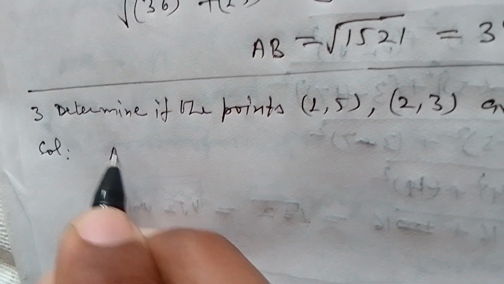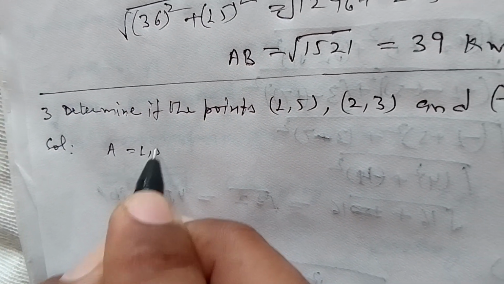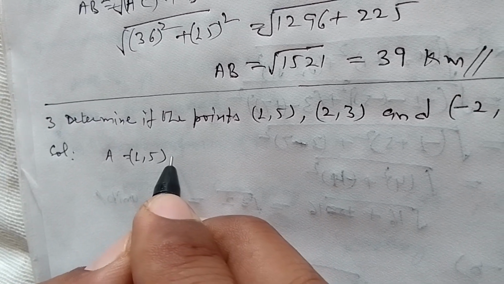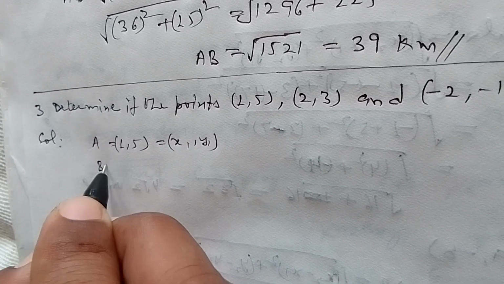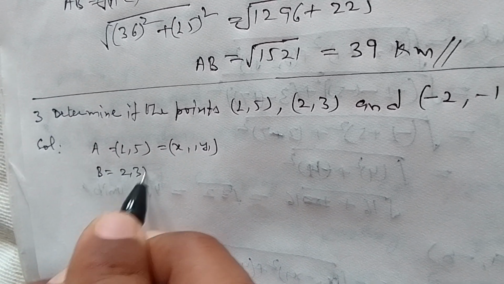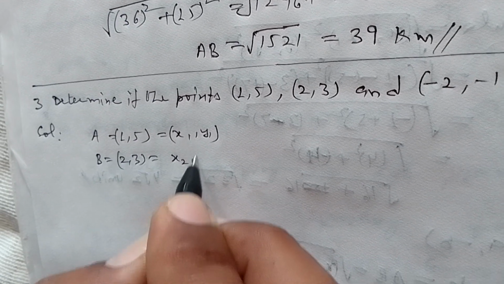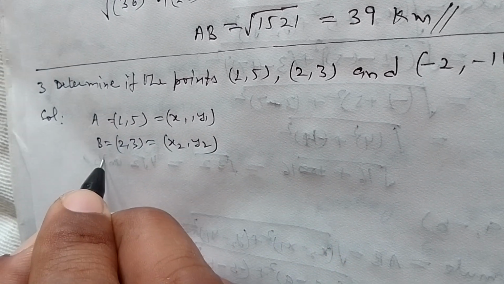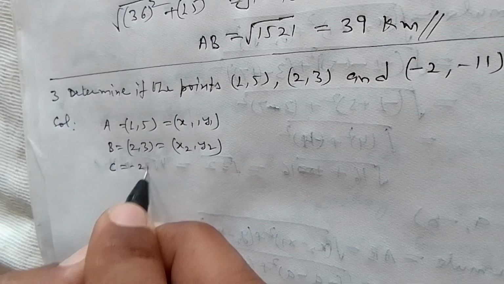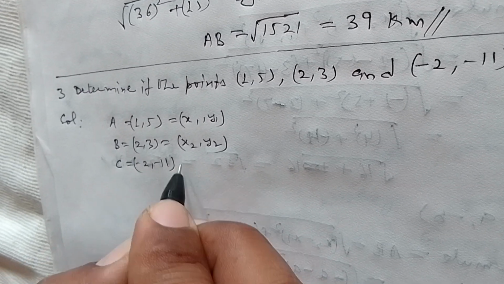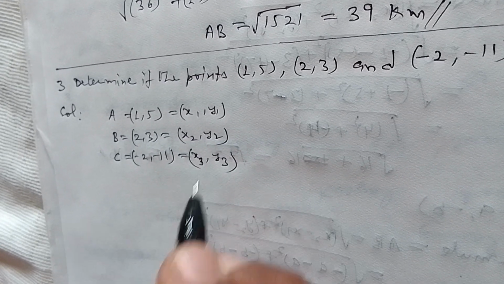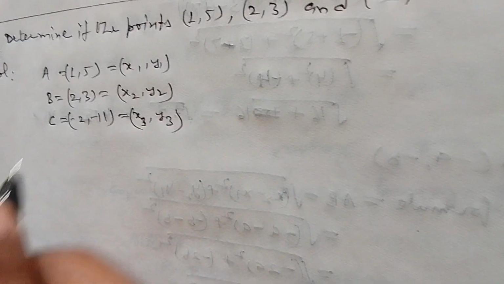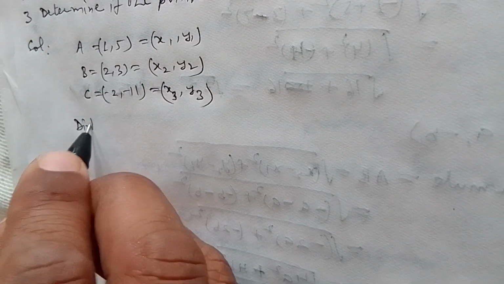So the solution of the question is: here point A is (1, 5), that is considered as x1, y1. Point B is (2, 3), that is x2, y2. Point C has (-2, -11), that is x3, y3. So we will use the distance formula to calculate the distance between the points.